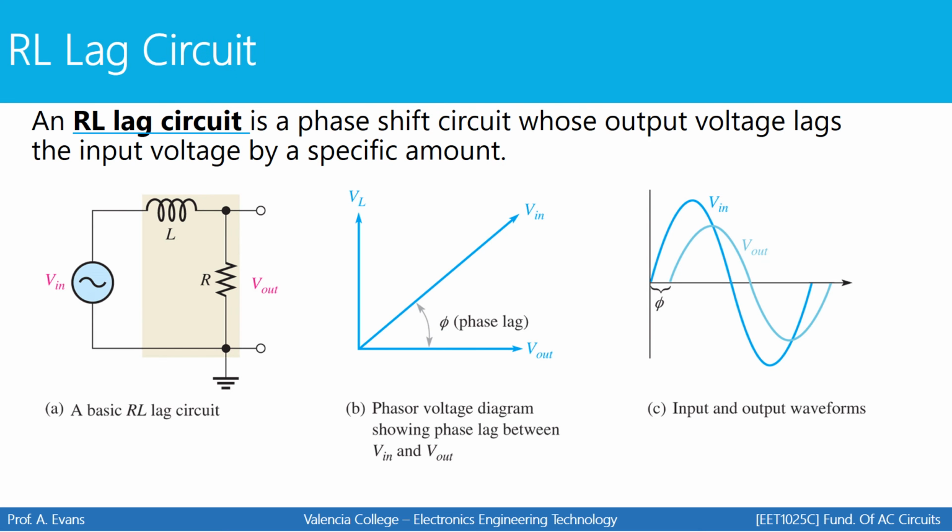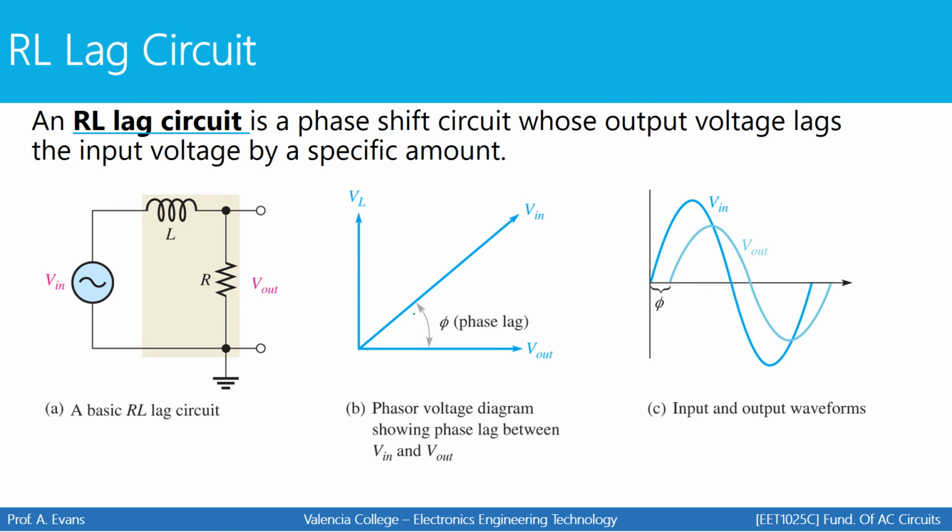An RL lag circuit is a phase shift circuit, in which in this case the output is now going to lag the input. We create an RL lag circuit by reversing the inductor and the resistor, so that now the resistor is the component we're going to measure the output voltage across, which is right here. And when we build a circuit like this, we will see that the output is going to lag the input by a certain amount.